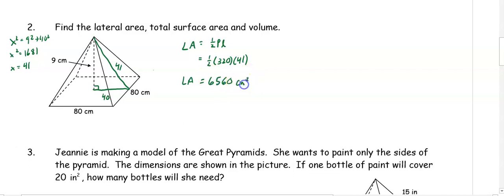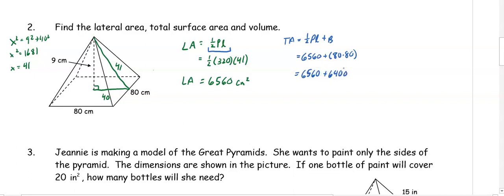6,560 centimeters squared. Our total surface area then is going to be 1/2 perimeter times slant height plus the area of the base. So notice that we already did 1/2 perimeter times slant height. So we know we have 6,560 plus the area of the base, which is 80 times 80. We get 6,560 plus 6,400.